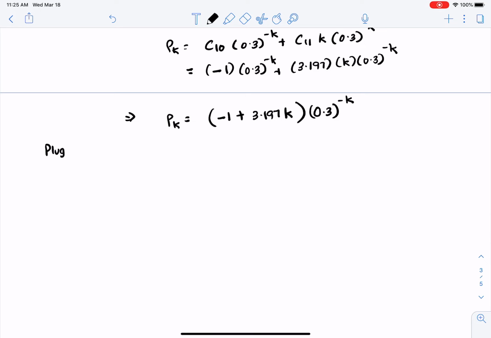So plug in k equals 3, then row 3 would equal negative 1 plus 3.197 times 3, times 0.3 raised negative 3. And that value is 0.232.